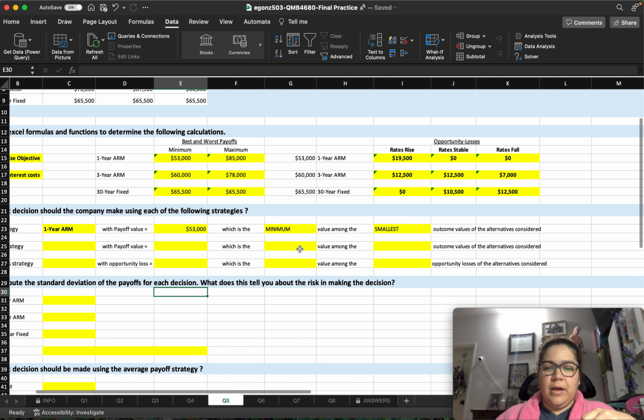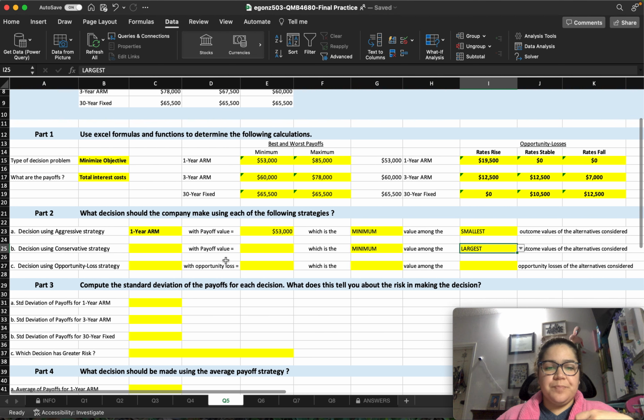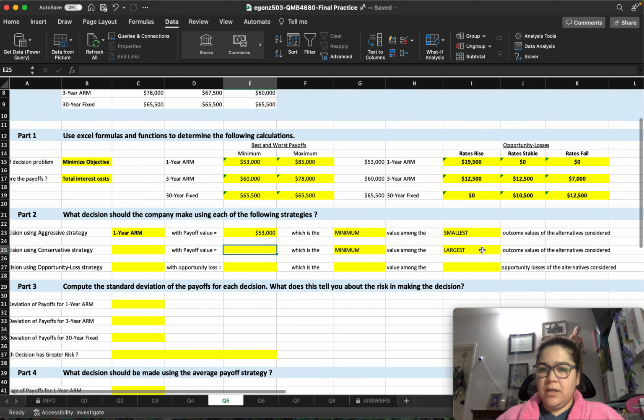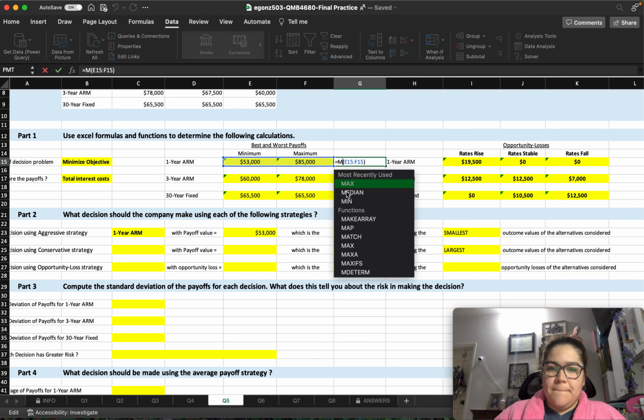So let's go back and choose these two first. Again, we want the minimum value out of the largest value. So let's go here. We want the minimum value out of the largest value. What does this mean? We're going to go here, and instead of min, we're going to do max.